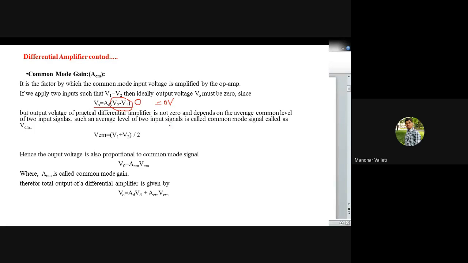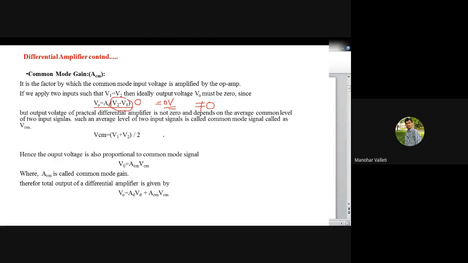But practically the output is not 0, meaning there is some signal appearing, so that's why you are not getting zero output.